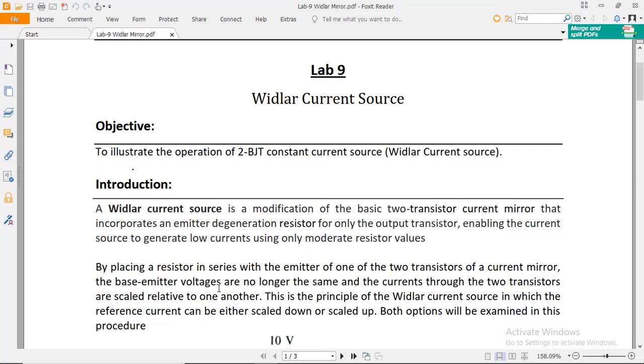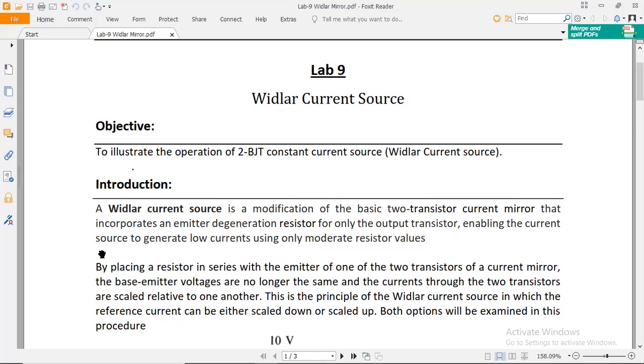What is the meaning of current mirror? Anyone have idea about current mirror? So explain if you have idea about current mirror, which I already incorporated in previous lab 8.